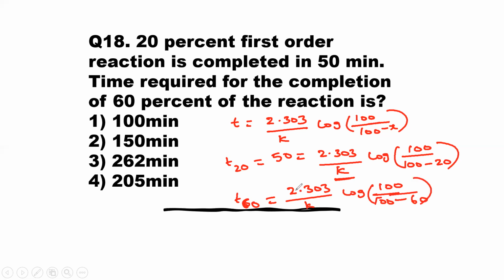You have to substitute the value of K in the second equation. From the first equation you get K, and from the second equation you get the time taken for the reaction to complete 60%. 60% means 100 minus 60.